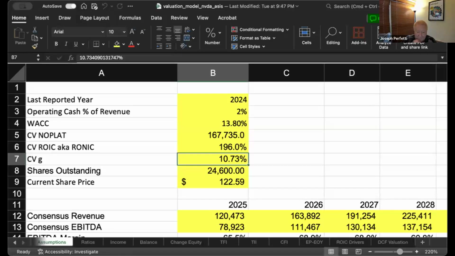All right. So where we are right now is we have finished up an as-is valuation of Nvidia based on the share price at the time of the valuation last week of 122.59. And so essentially we have matched that share price using this DCF model, kind of working backwards.